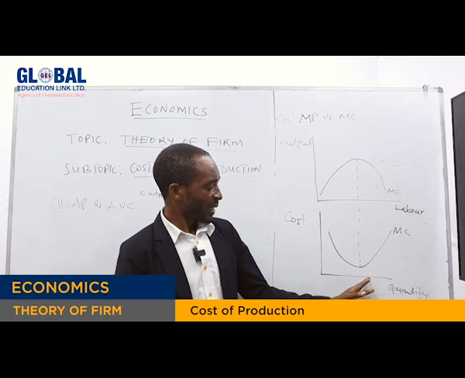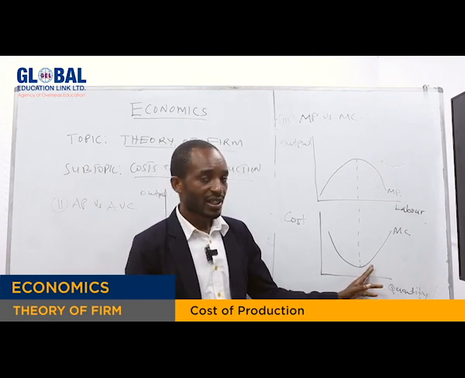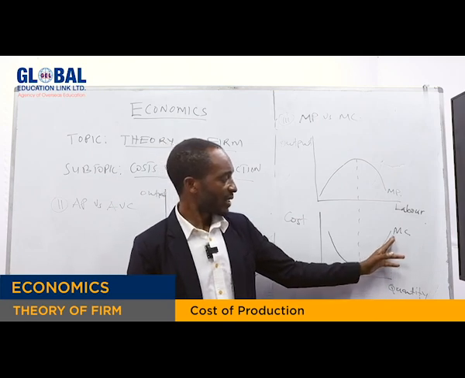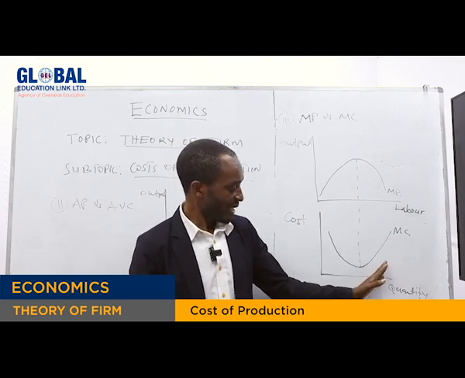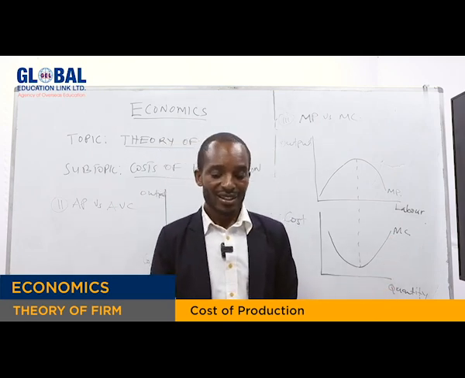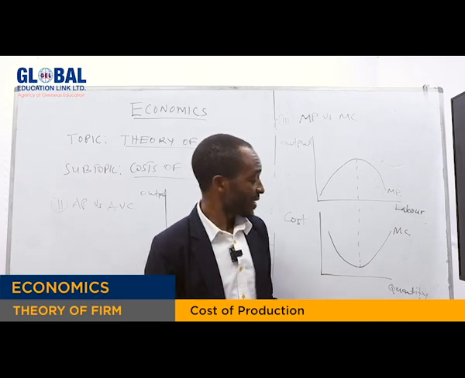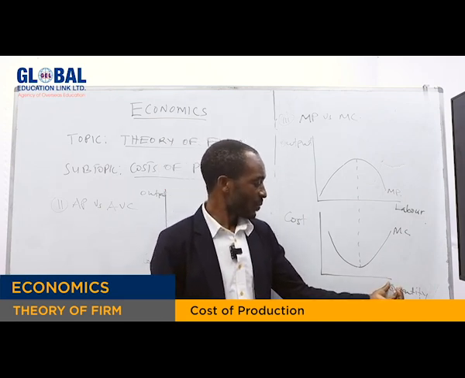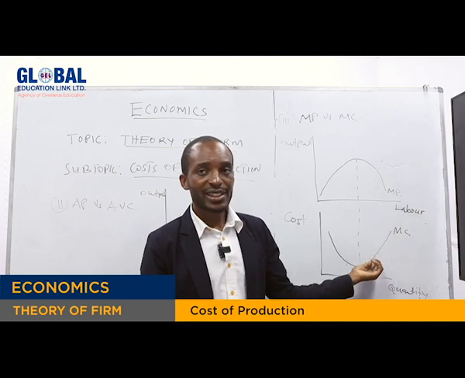Now, if you can see in this case, as you increase output, the cost is increasing. This situation is not profitable, since as you add more units of output, the cost is increasing.